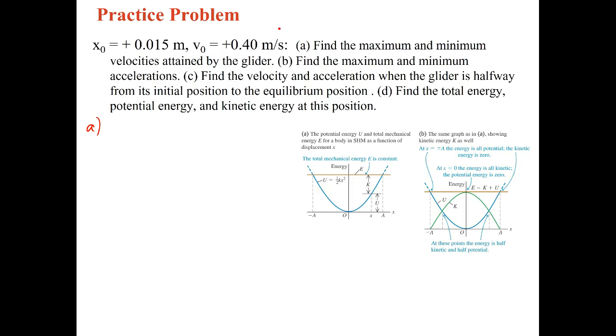But what we found in the previous example is if you go through the math, you find that the amplitude is 0.02 meters, and you find that omega is 20 radians per second. So this means that the max and min velocity is basically omega A, which is going to be plus or minus 4 meters per second.